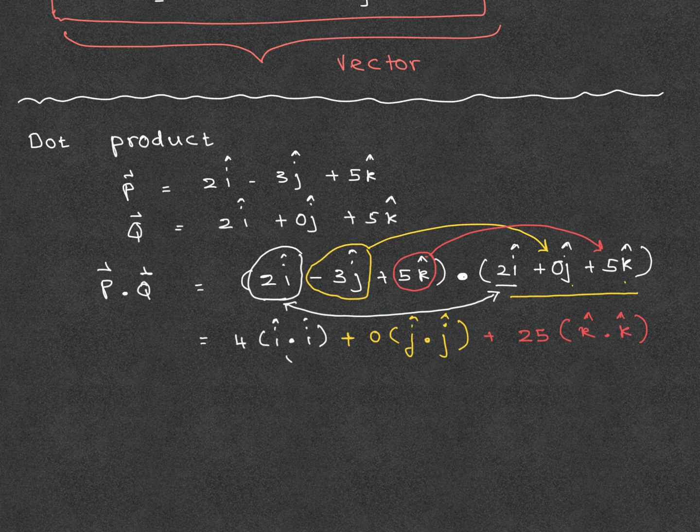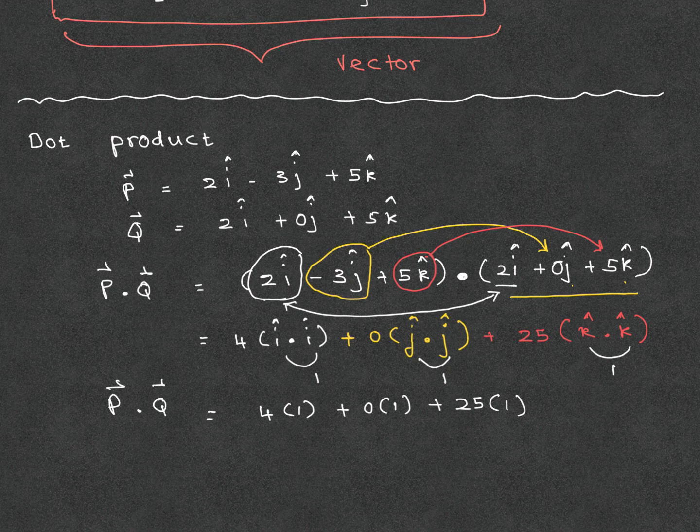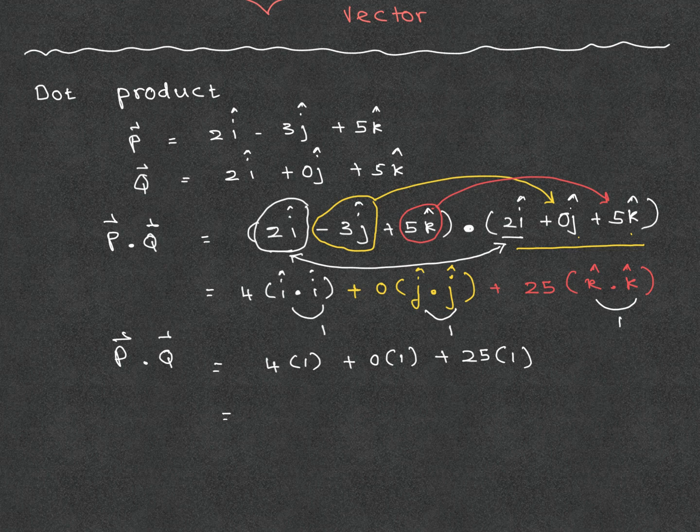Now i hat dotted to i hat is 1, j hat dotted to j hat is 1, k hat dotted to k hat is 1. So 4 times 1, and there you have 0 times 1, and there you have 25 times 1. I know that I am going into trivial details here, but I am doing that because I have seen many errors over the previous quizzes that we did in the class, and that's why I am showing these minor details.